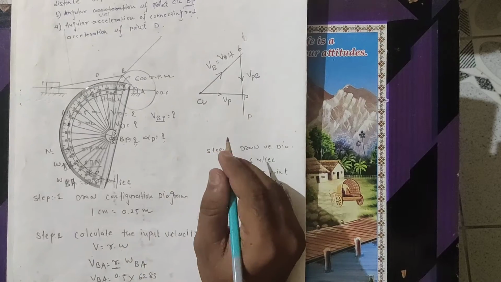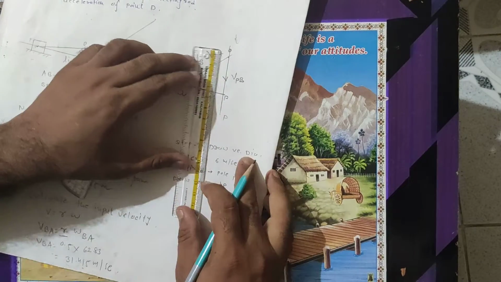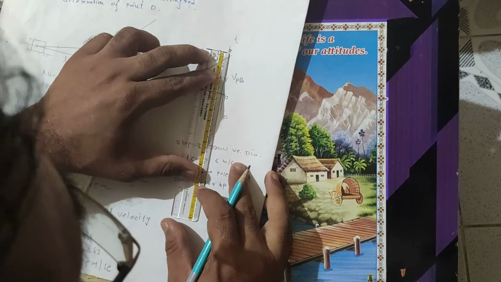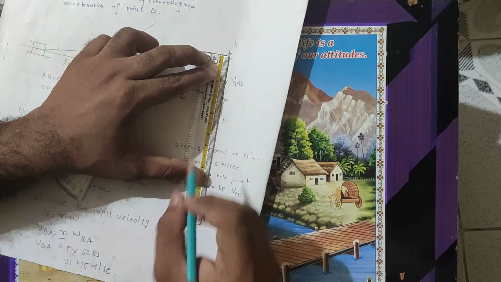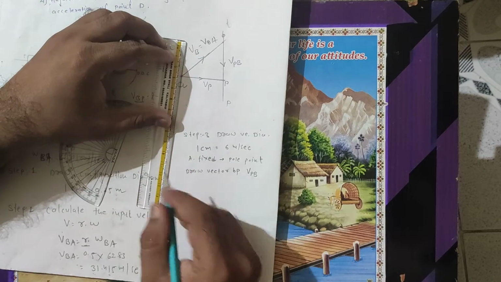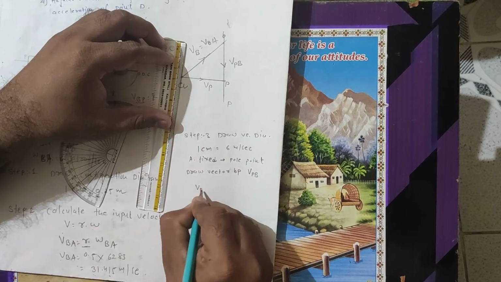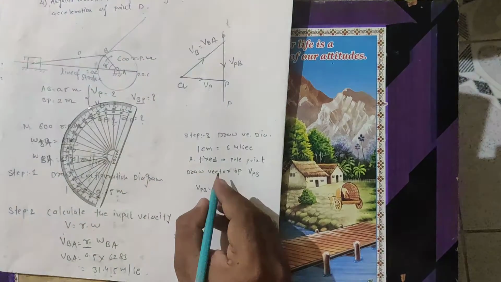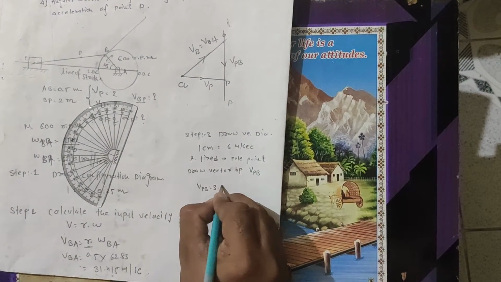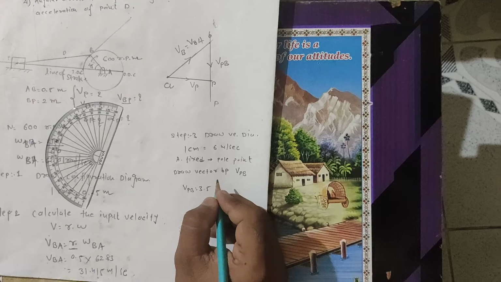So here we have to measure that velocity with the help of the scale, that is 3.5 mm. 3.5, that is VPB is equal to, there may be something given over here, that is 3.5.